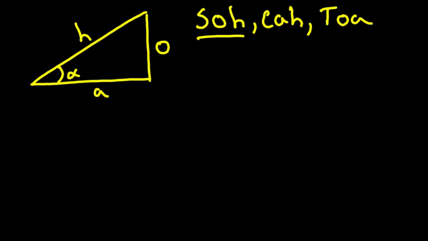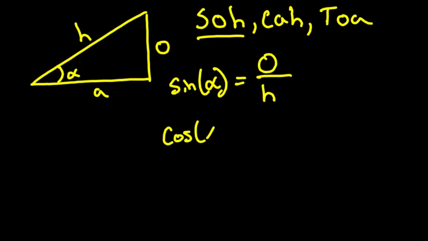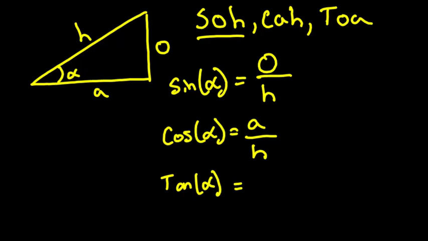So this represents sine, so that the sine of alpha is equal to the opposite side, or the O, over the hypotenuse. And the cosine of alpha is equal to the adjacent side divided by the hypotenuse. And the tangent of the angle alpha is equal to the opposite side over the adjacent side.